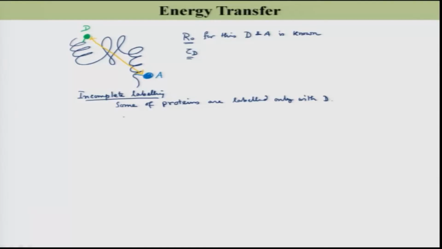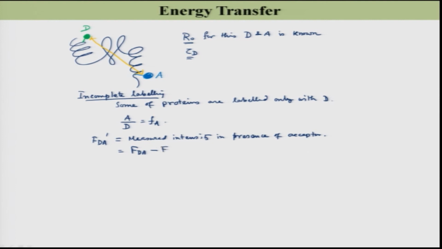So, let us say that the ratio of A by D is F A. Then I can write F D A prime, which is the measured intensity in presence of acceptor, which should be equal to F D A minus the quantity of fluorescence intensity originating from those proteins which have only the donor, not the acceptor, right.